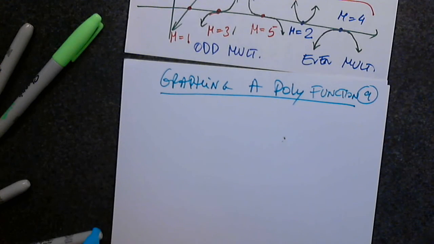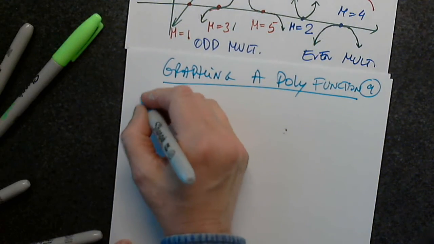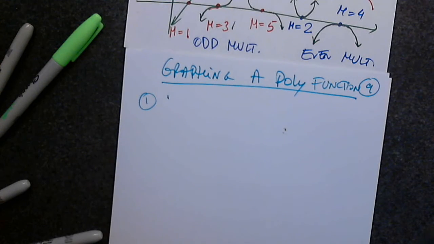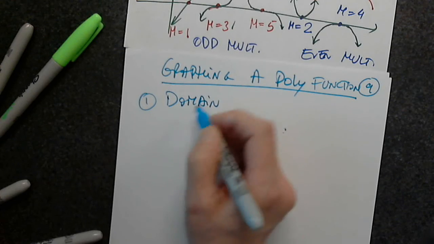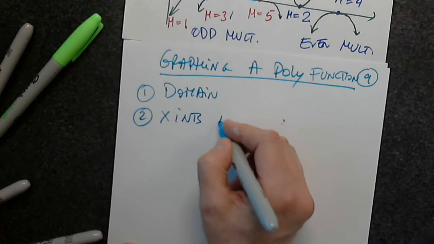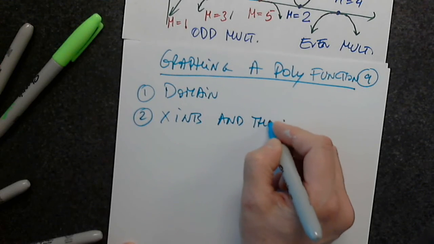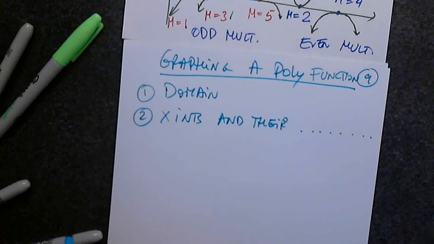Not linear, not quadratic. We're talking about degree 3, 4, 5, etc. Okay? Number 1, and they don't necessarily have to be in this order. Domain. Number 2, x-intercepts. And their, what is the word I'm missing?